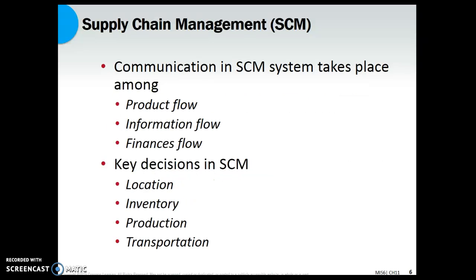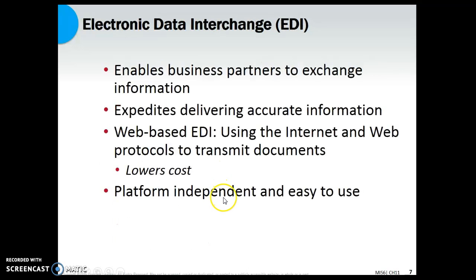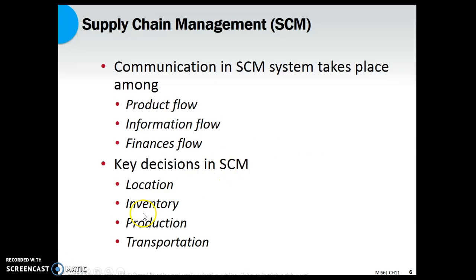There's a supply chain management communication that takes place, and that's with the product flow, the information flow, and the finance flow. So in the supply chain management system, key decisions are made on location, inventory, production, and transportation.